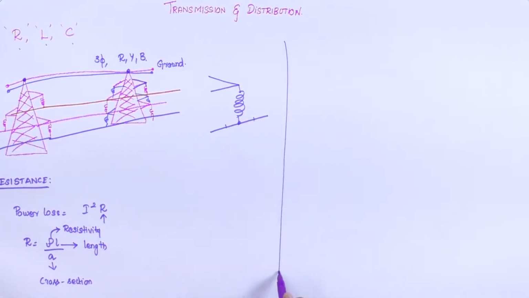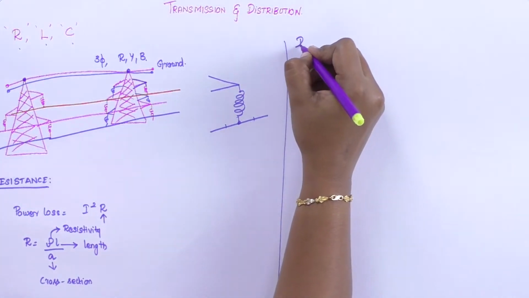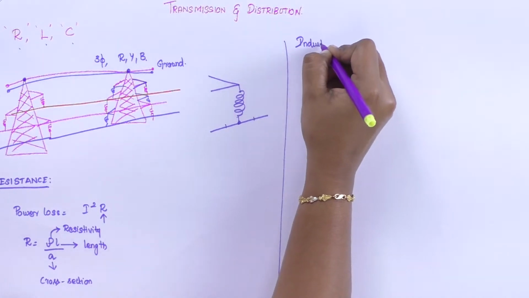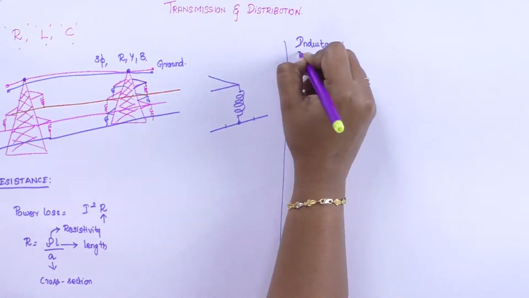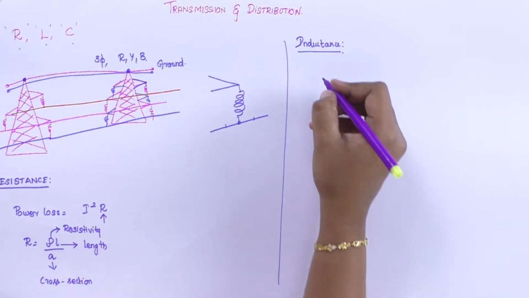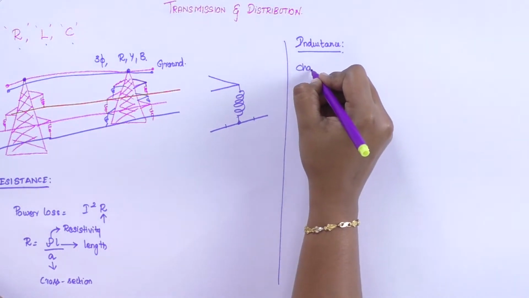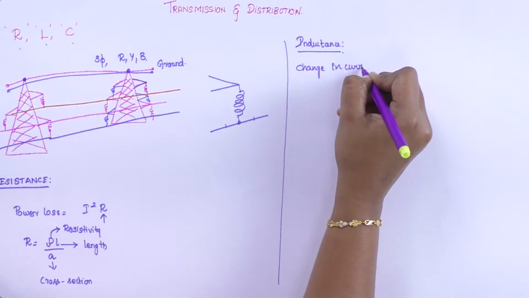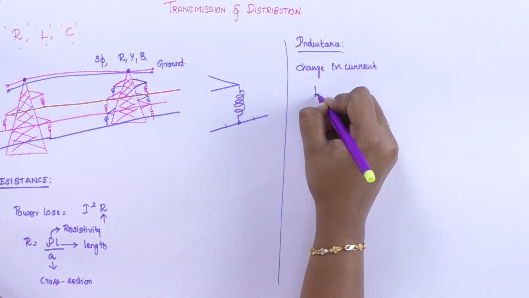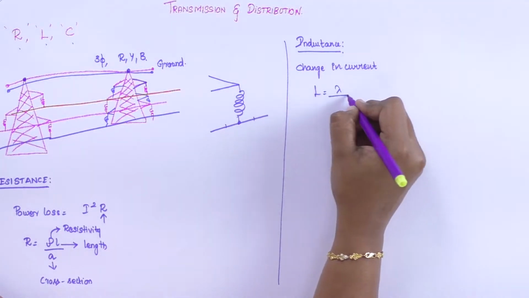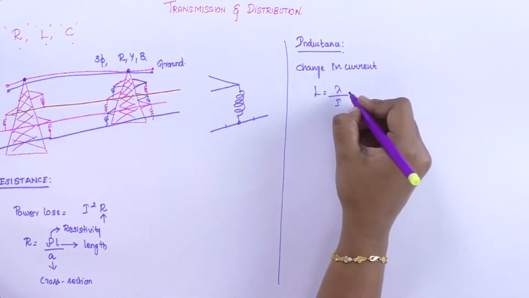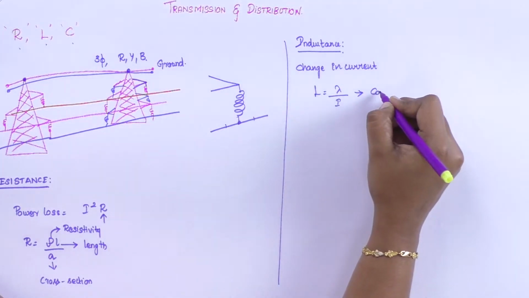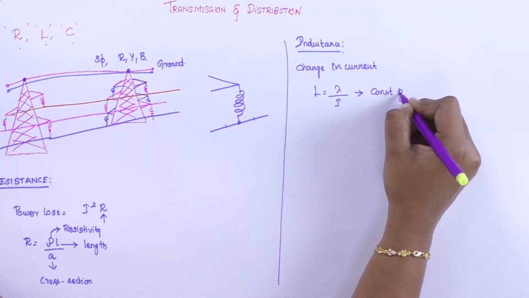The next topic is inductance. Inductance is the property of opposing a sudden change in current. By definition, inductance L is defined as flux linkage per ampere, for a constant permeability.